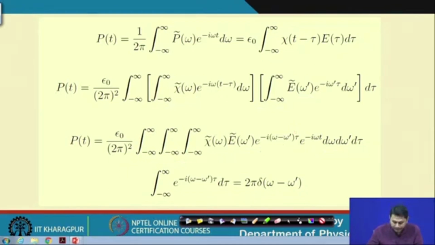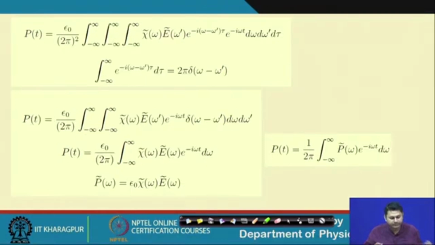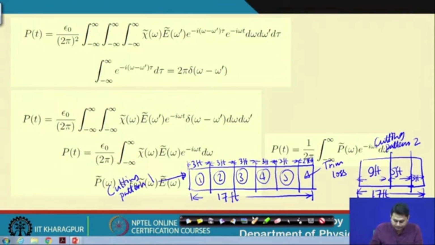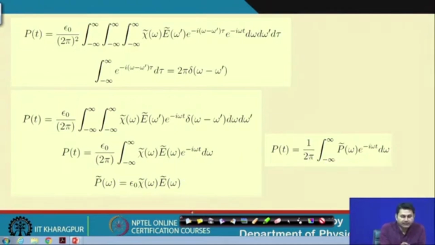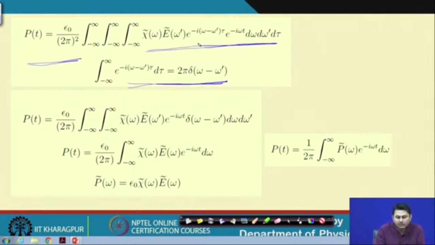Okay. So, let us see what happened in the next slide. Fine. So, I have this quantity P(t) is equal to epsilon 0 divided by 2 pi times the integration of this, and then I am going to replace this e to the power minus i (omega minus omega prime) tau in the form of a delta function.